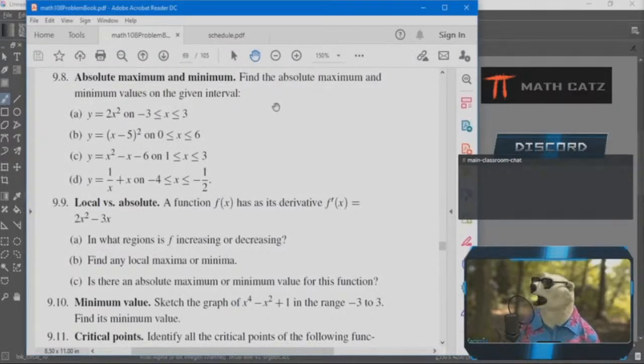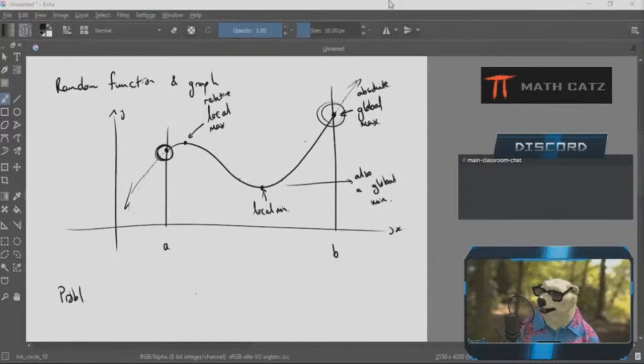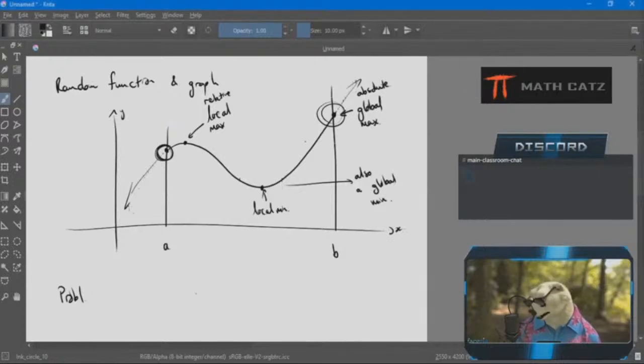So I'm going to look at finding, for a function, they give me the interval. Let's just look at maybe C. Why not? Find the absolute maximum and minimum values on the given interval. So whether the interval is given to me or it comes out of a practical problem, I have to then work with that interval.